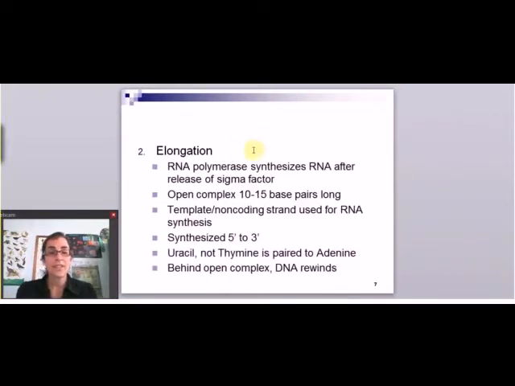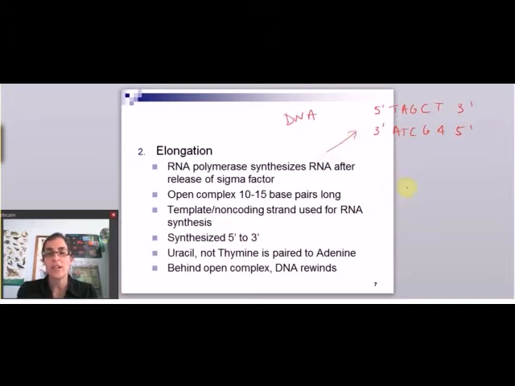Once RNA polymerase is at the promoter, it will start reading the DNA. So here's my DNA. So I'm just going to create a little bit of a sequence here. So there's my DNA. Okay, so RNA polymerase has been recruited over here.